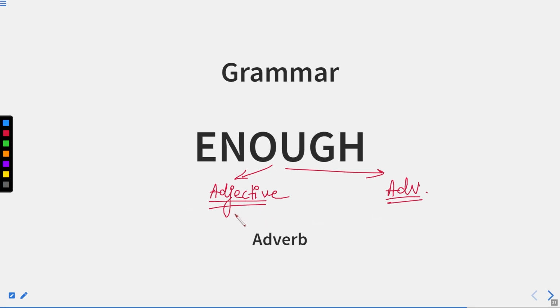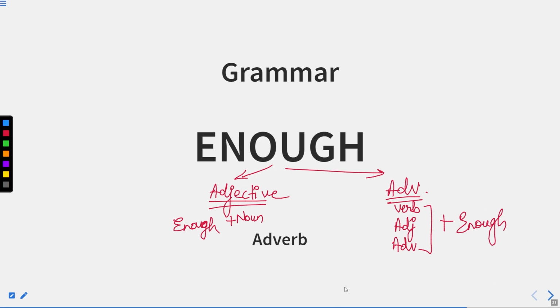It describes a noun, so it should be placed before the noun. But if it is an adverb, it can describe a verb, an adjective, and an adverb as well. And if it is describing any of these, it should be placed after these. So enough should be placed after any of these words, that is verb, adjective, or adverb.